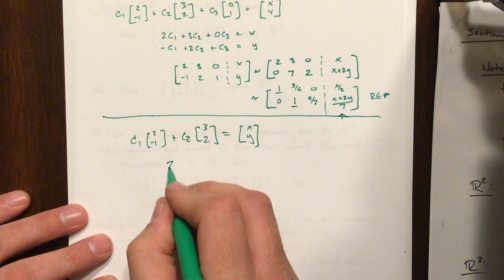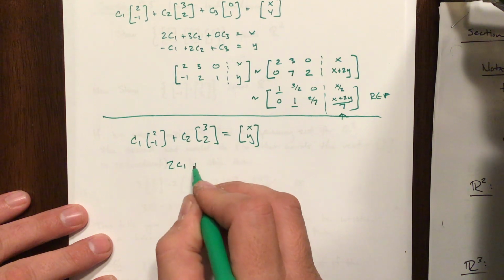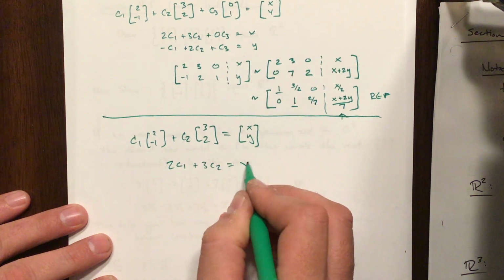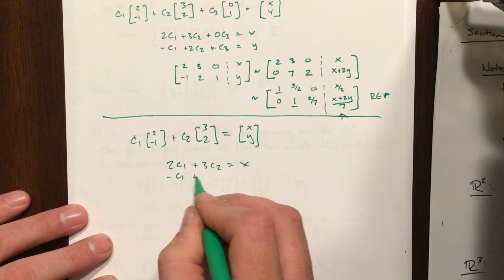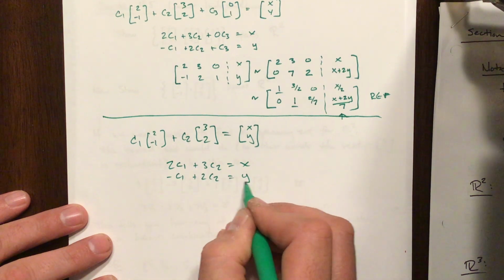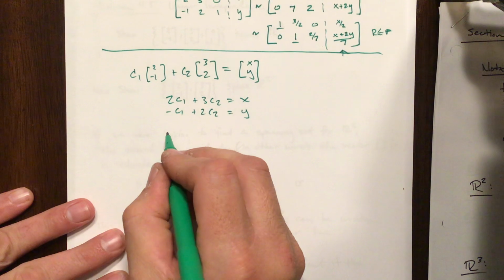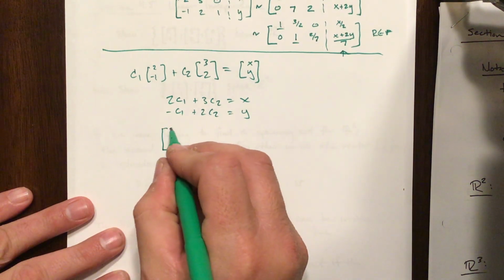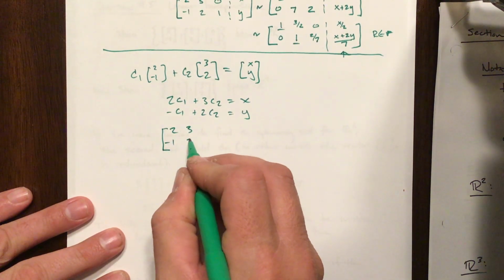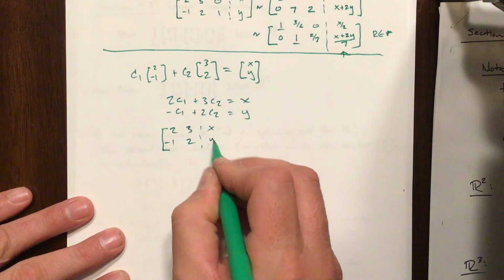Wash, rinse, and repeat. 2c1 plus 3c2 is x, minus c1 plus 2c2 is y. Create an augmented matrix: 2, 3, x; negative 1, 2, y.